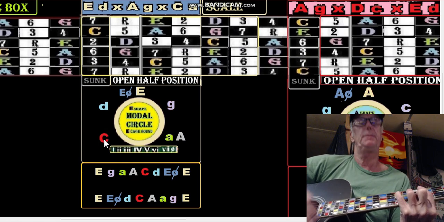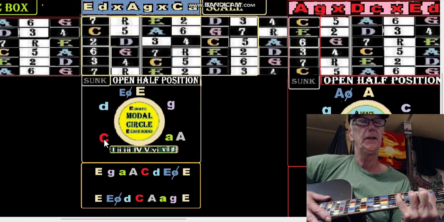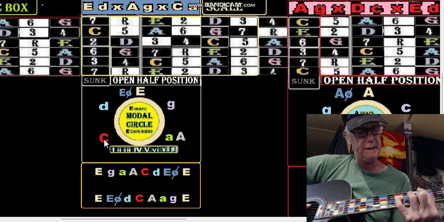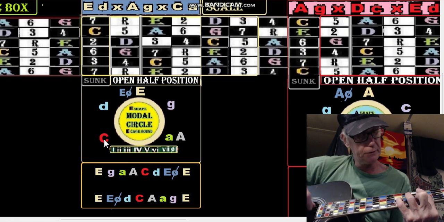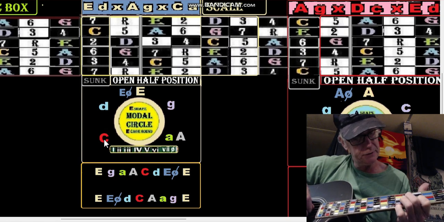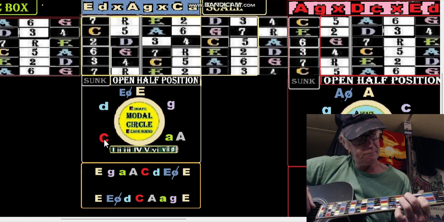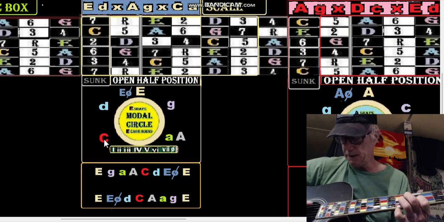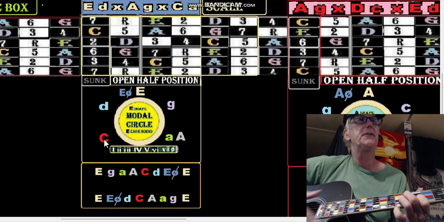Nice C-shaped C, which is being played as a dominant. Action fingers. Okay, that's just E, B flat, and C.